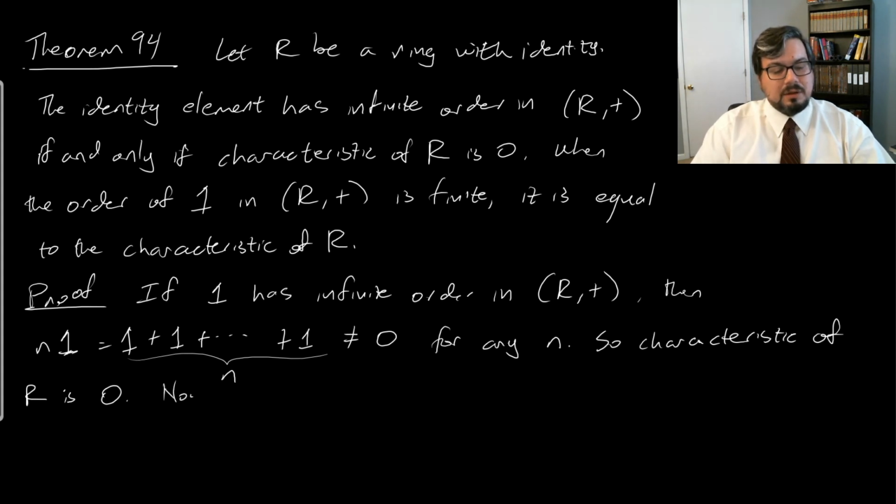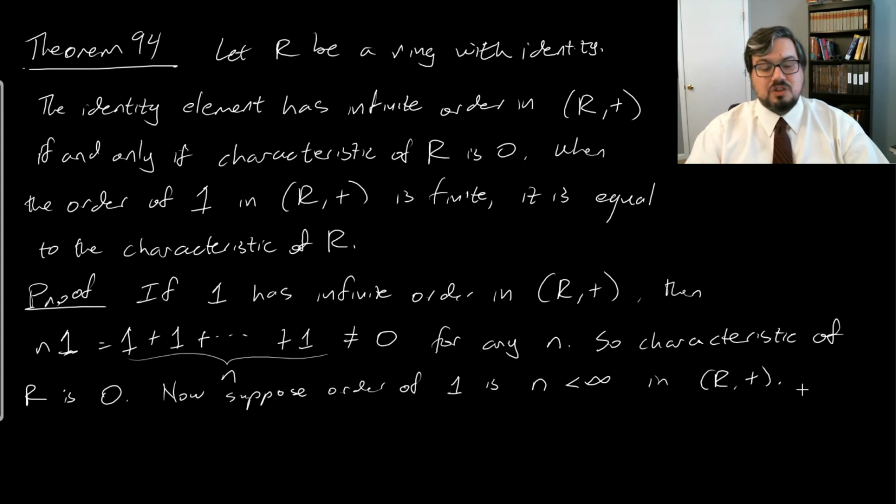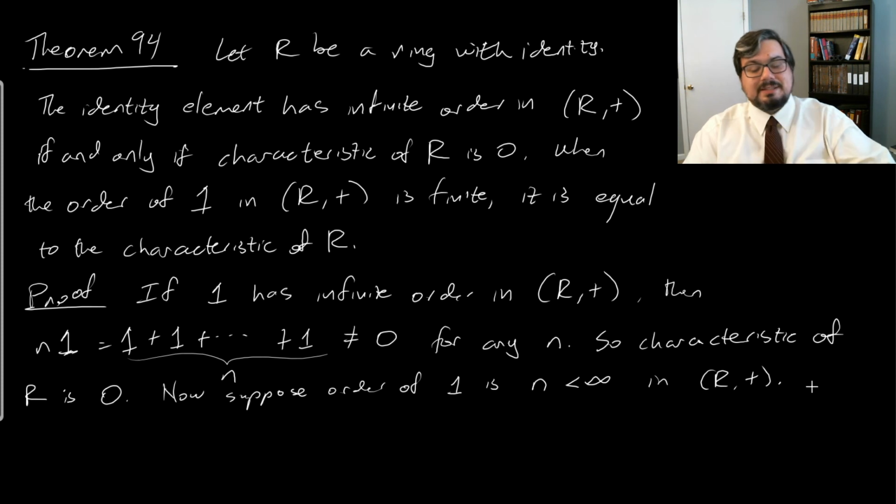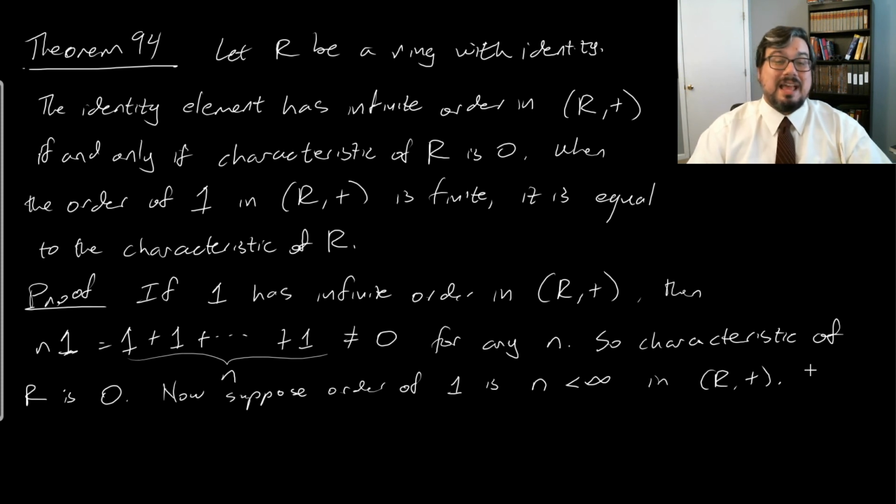So now, suppose the order of 1 is n, which is a finite number in the group R plus. So what we want to show now is that if I take n times any other element of the ring R, then we will get 0 out of it.